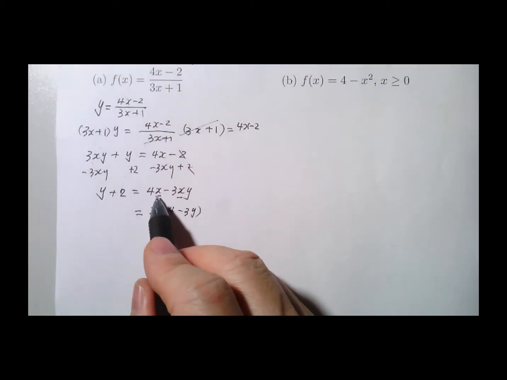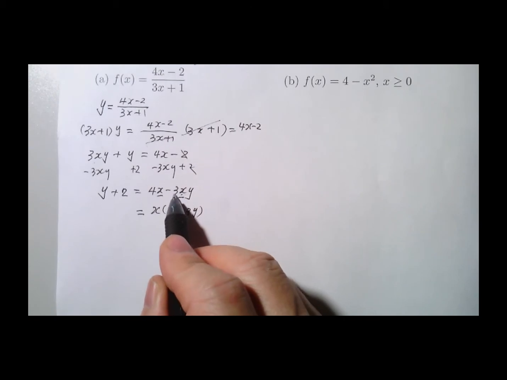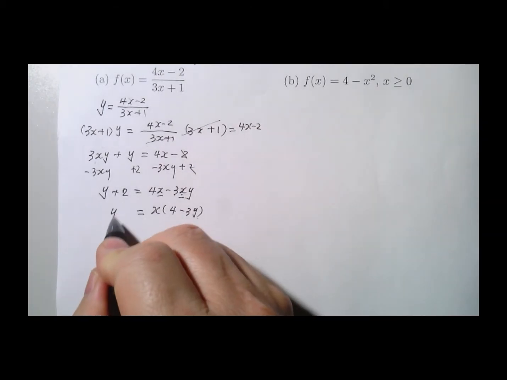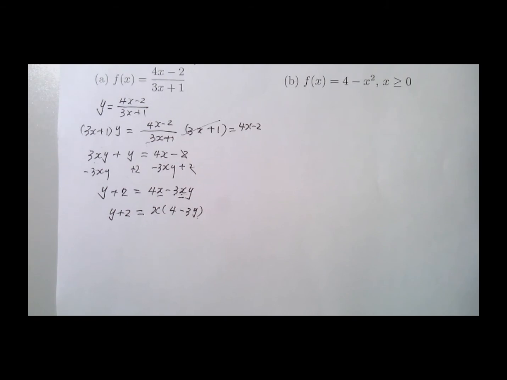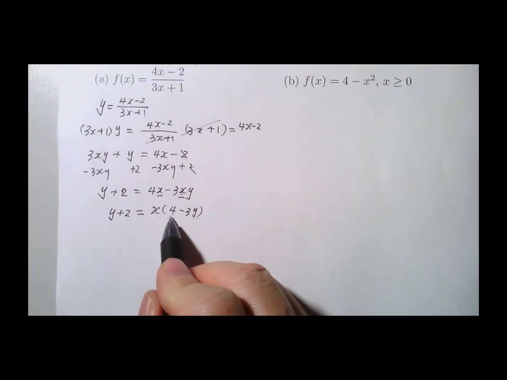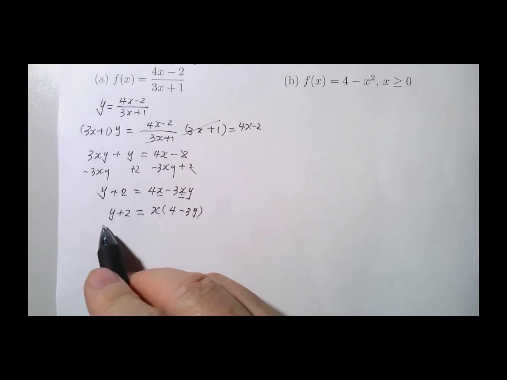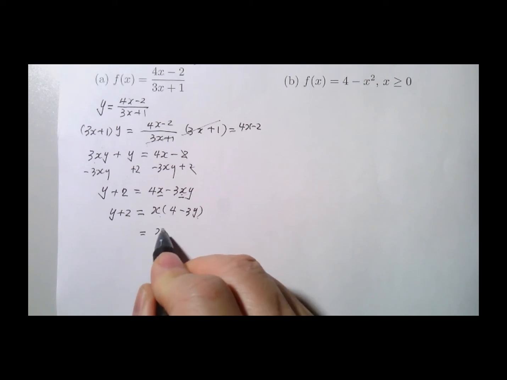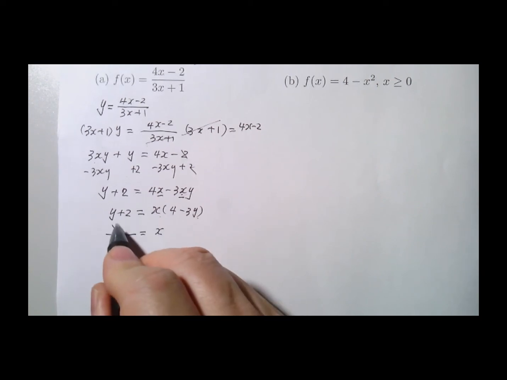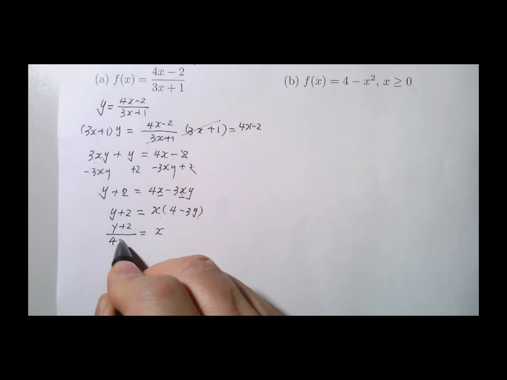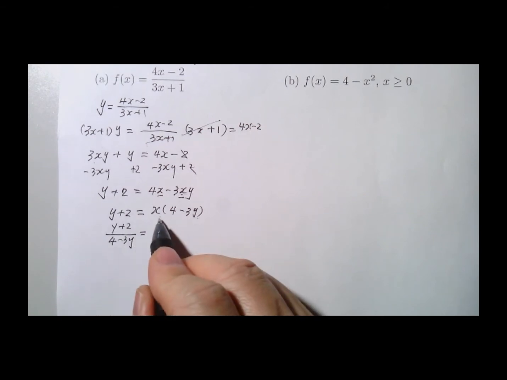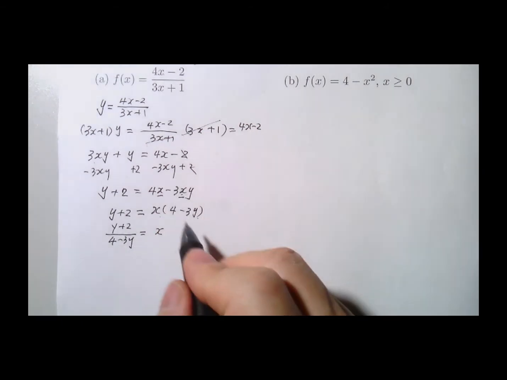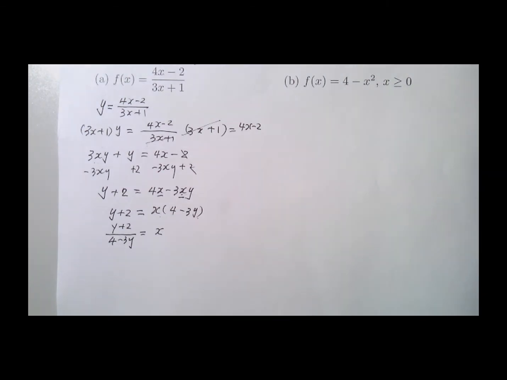When you factor out x, 4 is left, and 3y is left. So y plus 2 equals x times (4 minus 3y). Now divide both sides by 4 minus 3y. So you have x equal to (y plus 2) divided by (4 minus 3y). The 4 minus 3y cancels on that side, and that's how you get x.